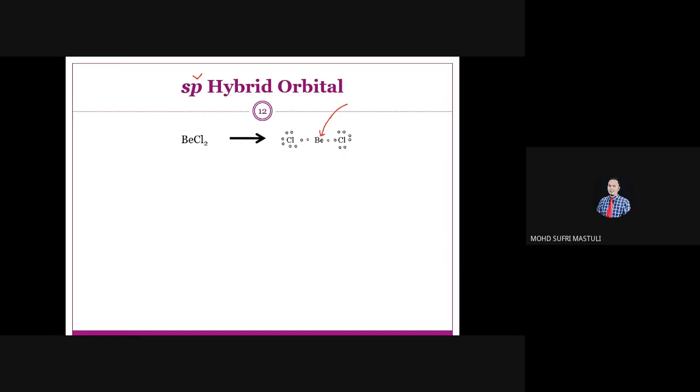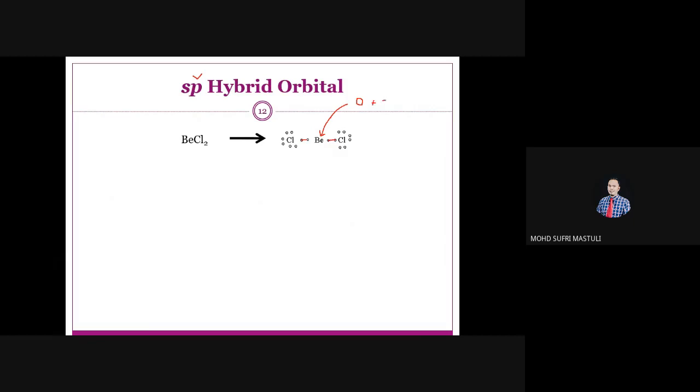In this case, there are 0 lone pairs, but there are two bonding pairs, single bond, single bond.